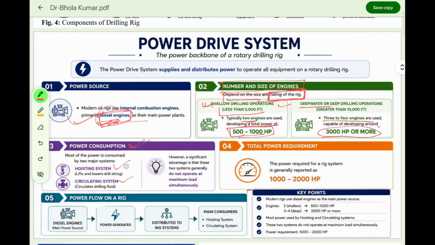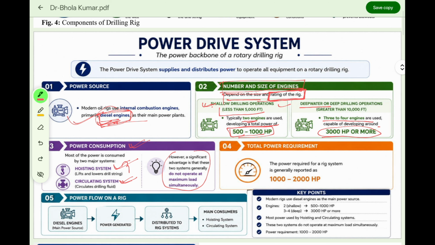The beauty of these two systems is that they do not work simultaneously. If one system is running, the other is stopped: when the hoisting system is running, the circulating system is stopped, and when the circulating system is running, the hoisting system is stopped.